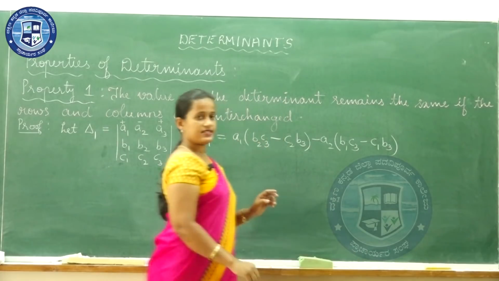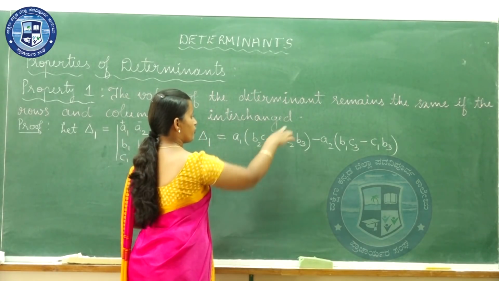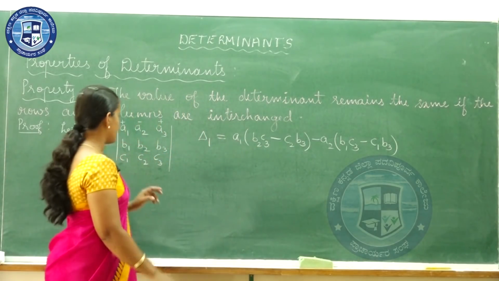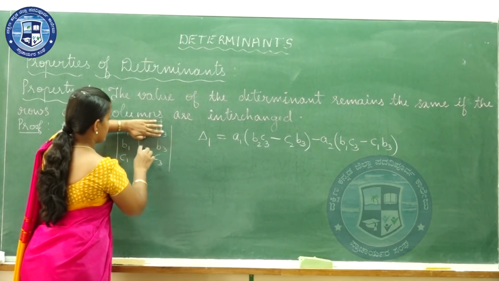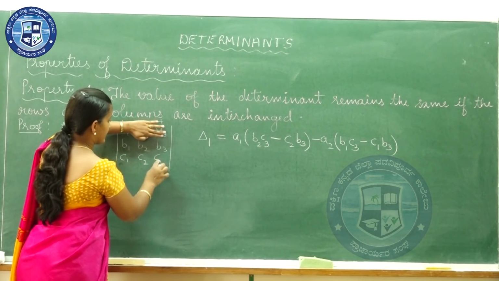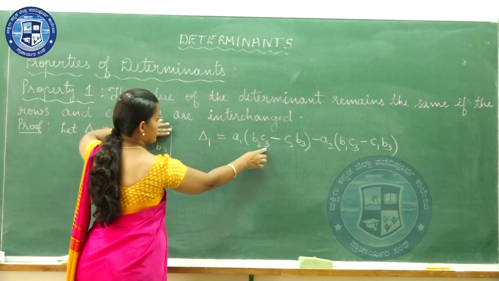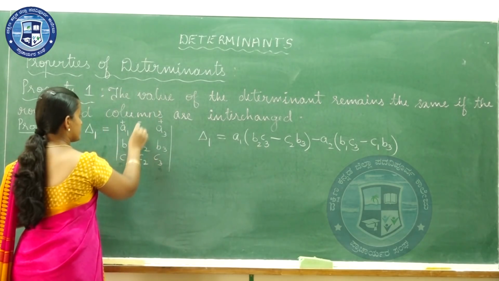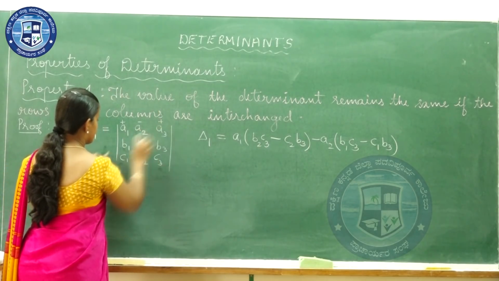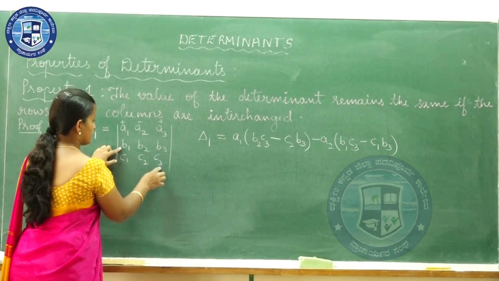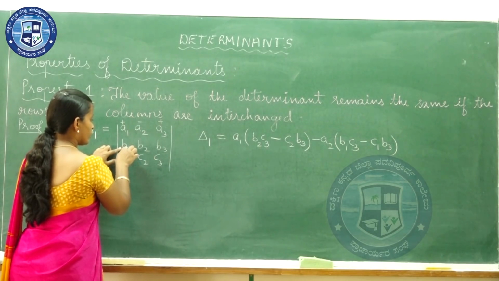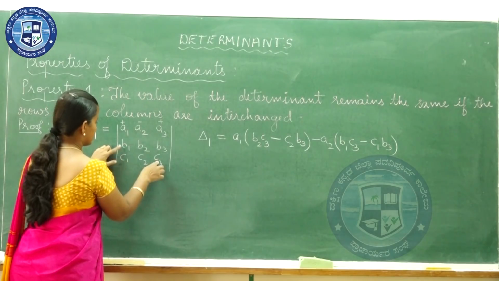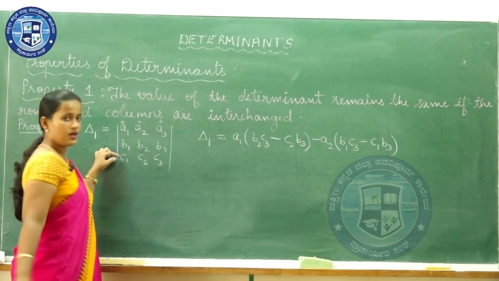I am writing this directly. I have avoided the step of writing the determinant. Okay. So deleted this, this was remaining. So I directly calculated the determinant and I wrote here. So minus A2, delete this, B1, B3, C1, C3 will remain. So when you multiply it becomes B1, C3 minus C1, B3. Okay.